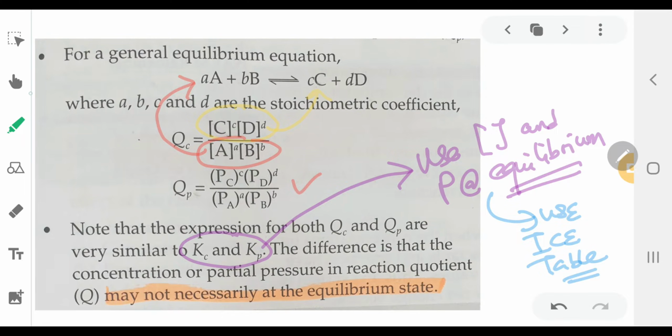So you can imagine that when we work out the value for Qc and Qp, the ICE table is not necessary. We're going to look at a few examples later on, and you will see that the ICE table is not used for finding the value of Qc and Qp. So that is the major difference.